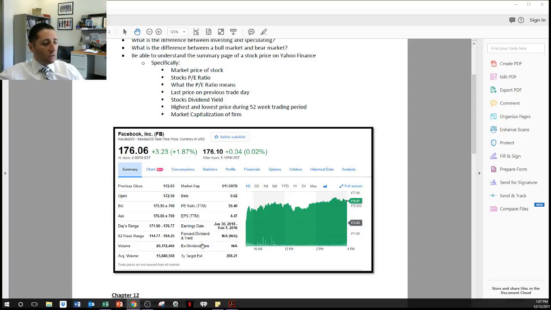So the dividend yield on this stock, unfortunately, it doesn't show what it is, right? This one doesn't have a forward dividend and yield dividend date. It doesn't show it because I don't believe Facebook gives out dividends. If a company gave out dividends, you would be able to know what it is. You would be able to calculate the dividend yield.